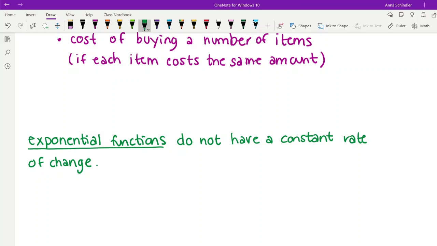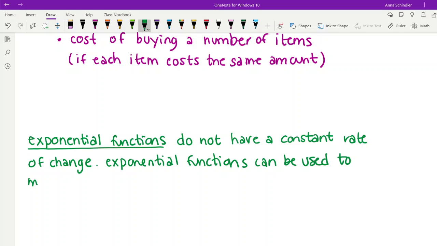So exponential functions can be used to model. While I'm writing this down, you can think about what would be some examples of real world situations that behave this way.